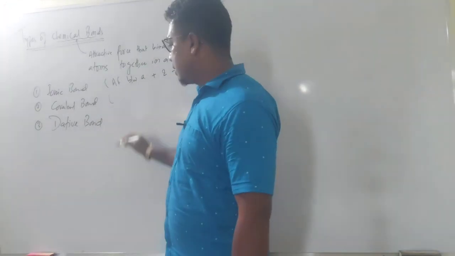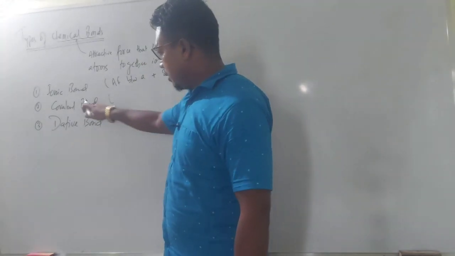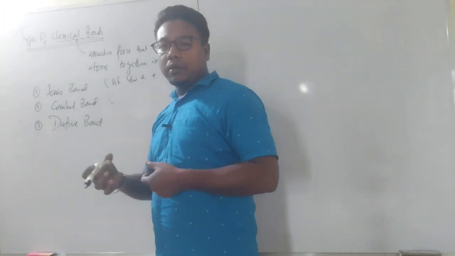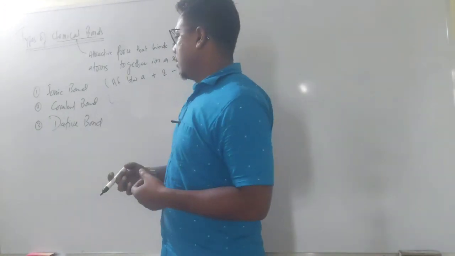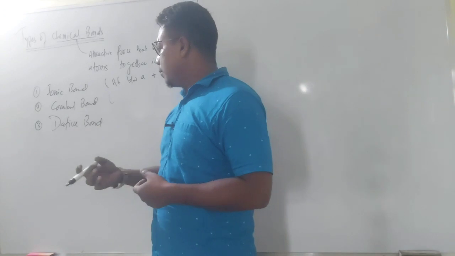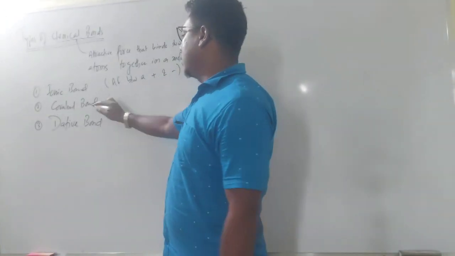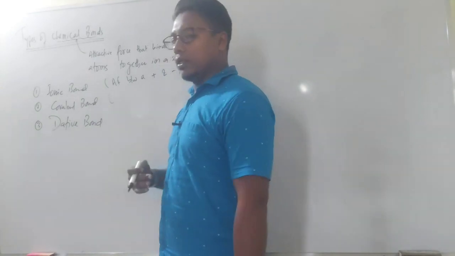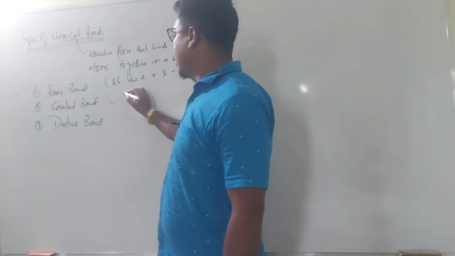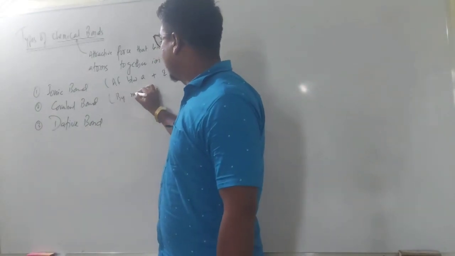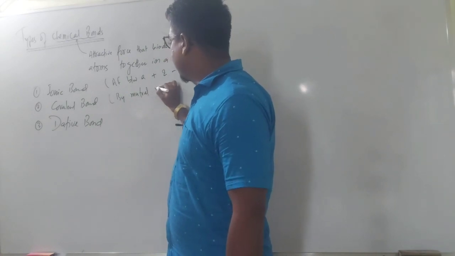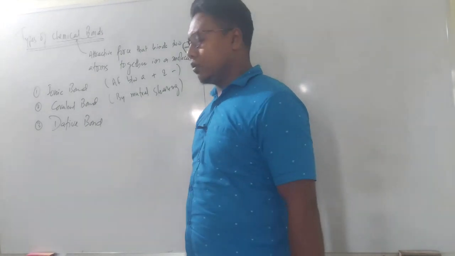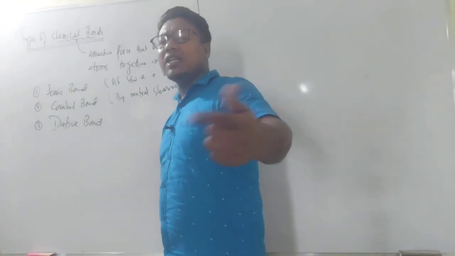Okay, so covalent bond is a chemical bond which results from the mutual sharing of electrons between two atoms which are generally non-metals.